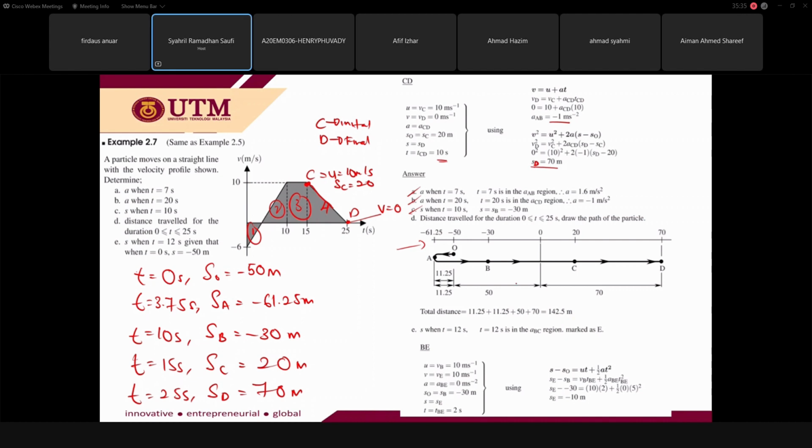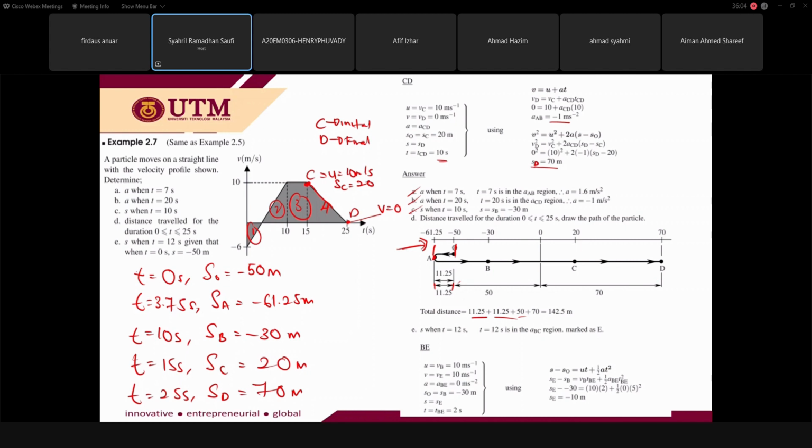So what you have to do is draw this displacement line, and you know that at this point here is a change of direction, so then you can determine the total distance traveled. From this point here is 11.25, and then you have another 11.25, and then plus 50 and plus 70. It's up to you how you want to calculate this distance.